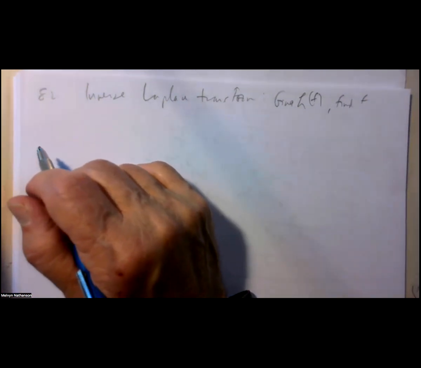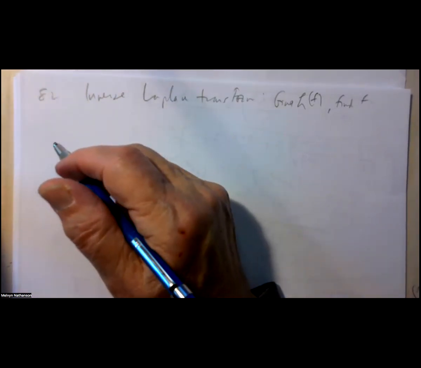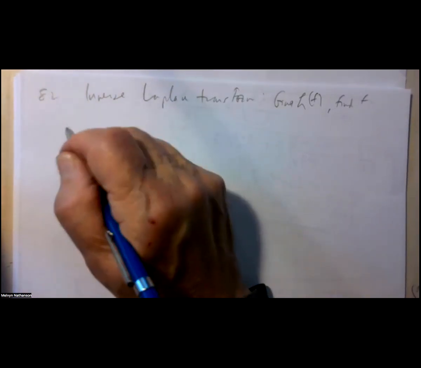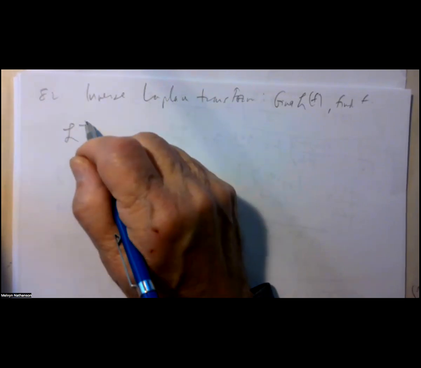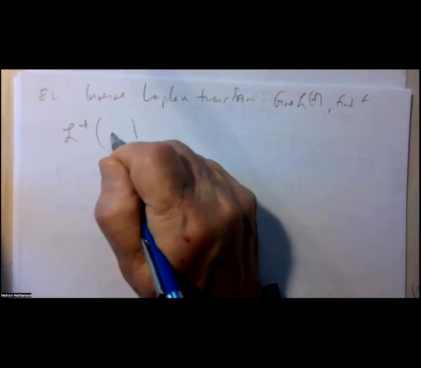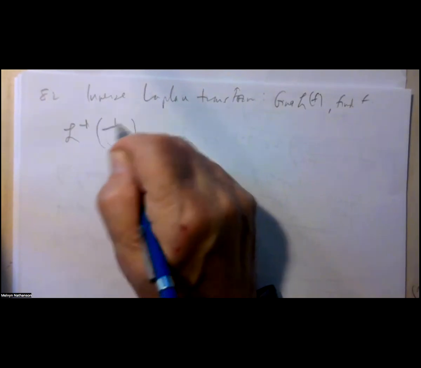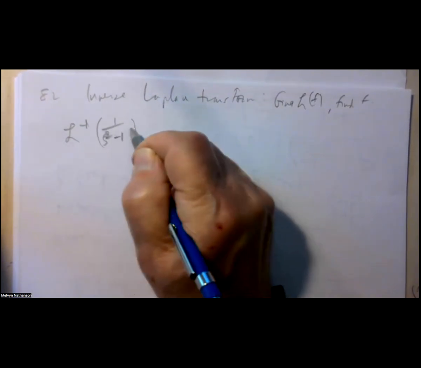So here's an example of what we mean by an inverse Laplace transform. L inverse means you have the Laplace transform of something, let's say 1 over s squared minus 1.